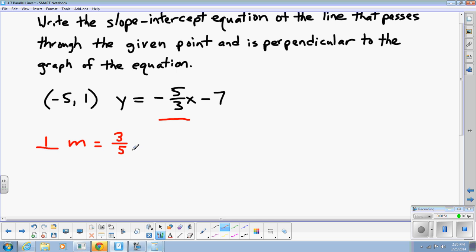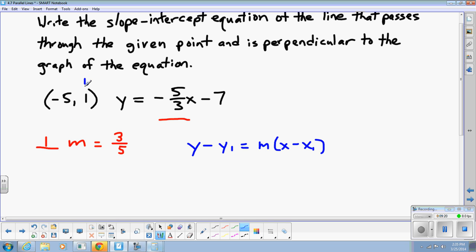So now we can write the new equation. We have to use this point and this slope. Now notice the two words I said. That will give us our handy-dandy little formula. It tells you this point and this slope. Exactly, I'm going to use the point-slope formula, which means I want this guy right here: y minus y1 equals m times x minus x1. All right, fill into the formula. y minus y1.